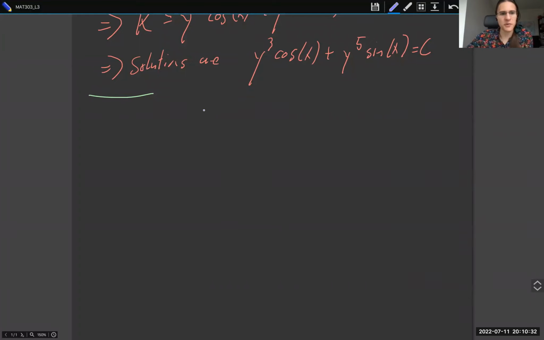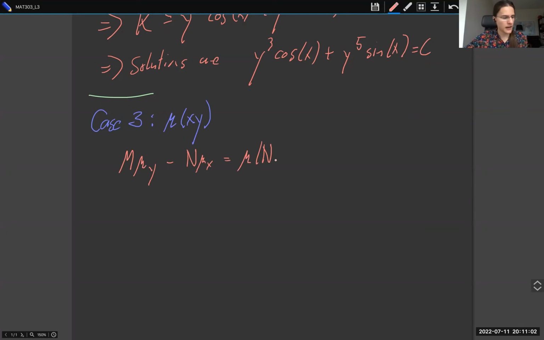Okay, let's do the third case. The third case is when mu is a function of the product of x and y. So we go back to our equation for an integrating factor, which is M mu_y minus N mu_x is equal to mu times (N_x minus M_y).